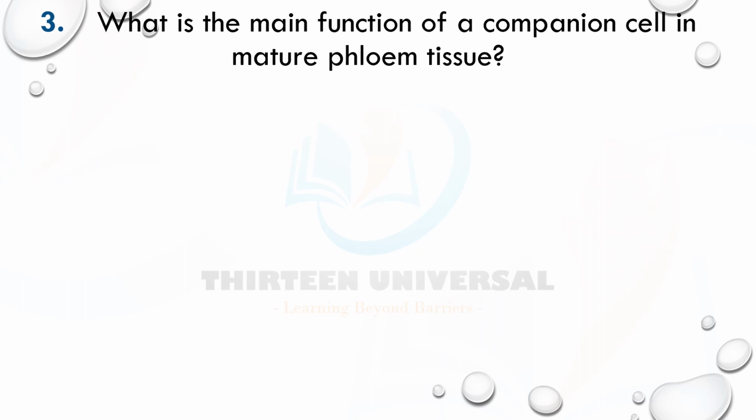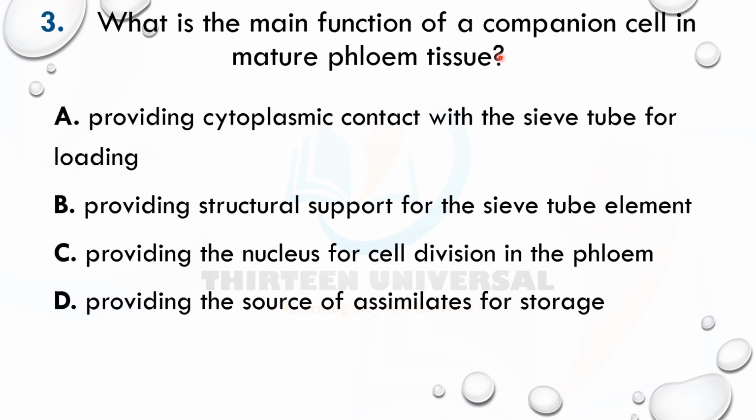Okay, let's go to the next question. What is the main function of a companion cell? A companion cell is a cell close to the sieve element of the phloem. The companion cells provide cytoplasmic contact with the sieve element for loading.